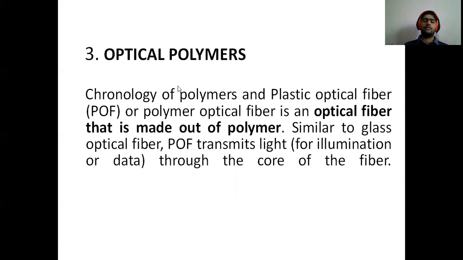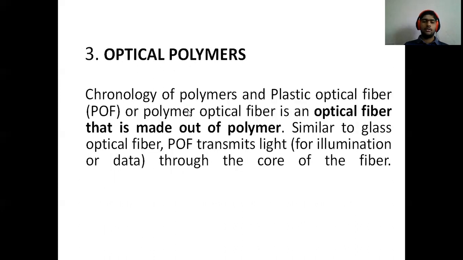Optical polymer. What is an optical polymer? A plastic optical fiber, or POF, or polymer optical fiber, is an optical fiber that is made out of polymer. Similar to glass optical fiber, POF transmits light for illumination or data through the core of the fiber.